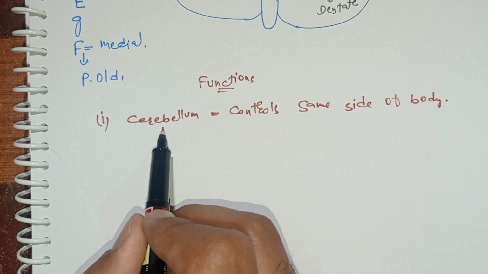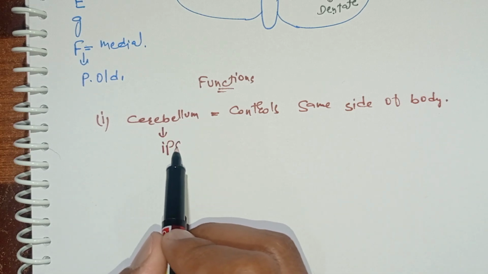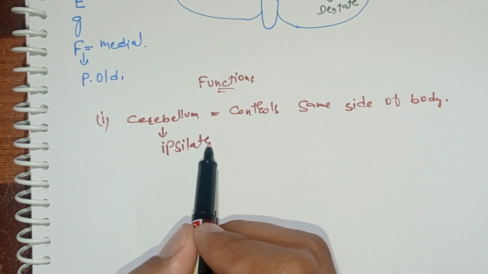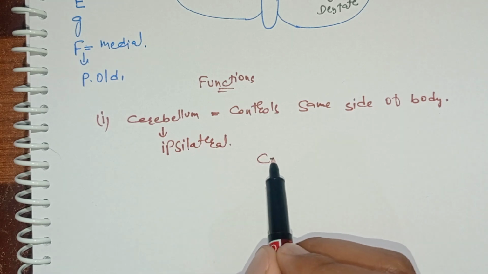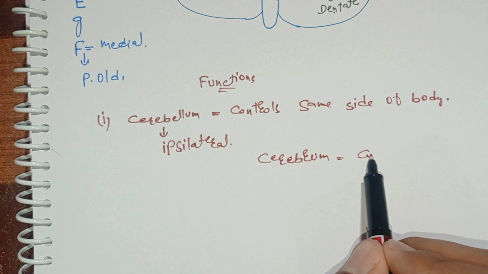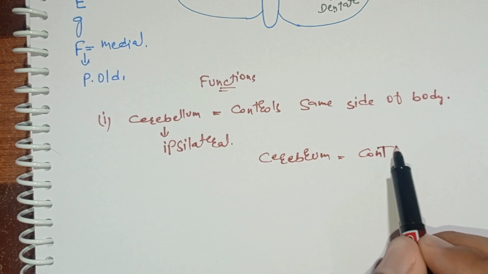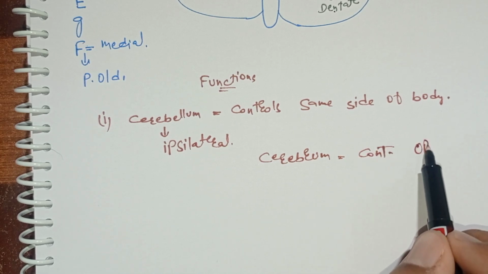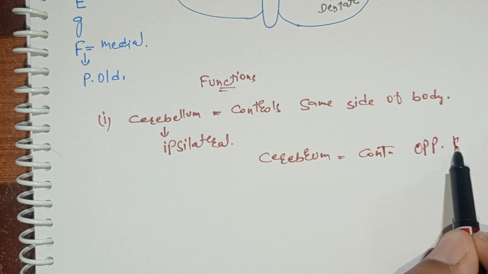That means its influence is ipsilateral, while the cerebrum controls the opposite side, the opposite half of the body.